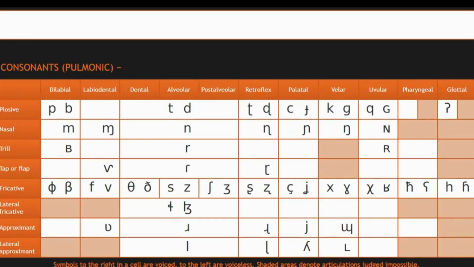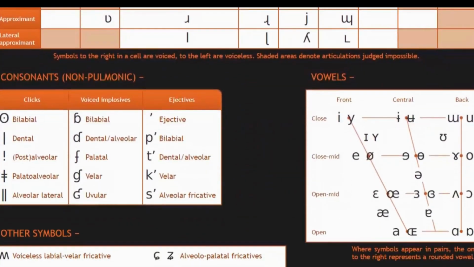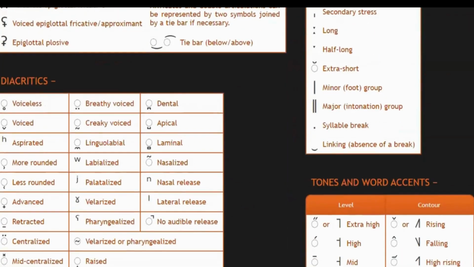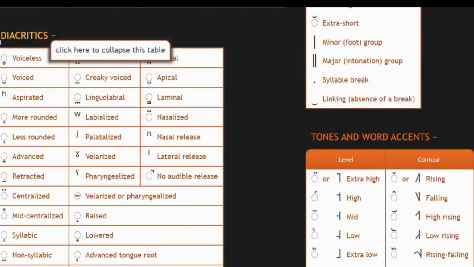All right, so we've talked about all of the symbols that represent individual consonant sounds. Now we can look at some diacritics. So diacritics are marks that go around another symbol. You can see them here.